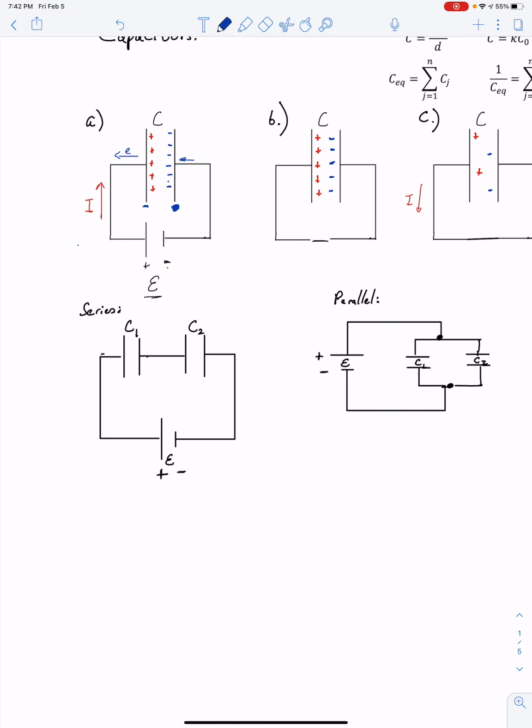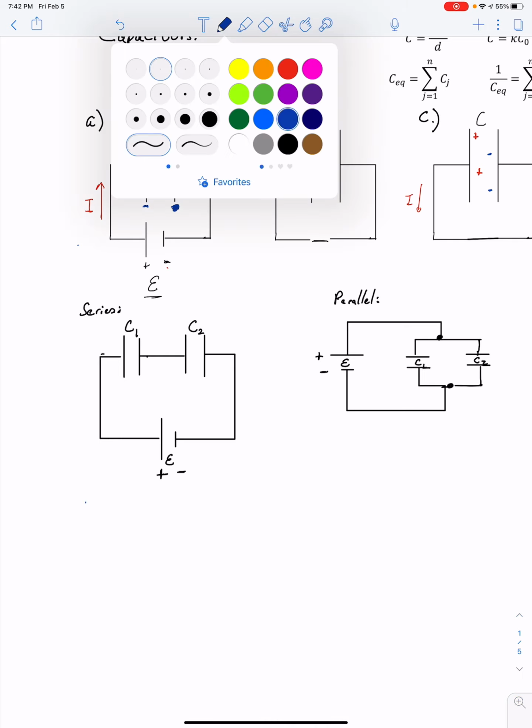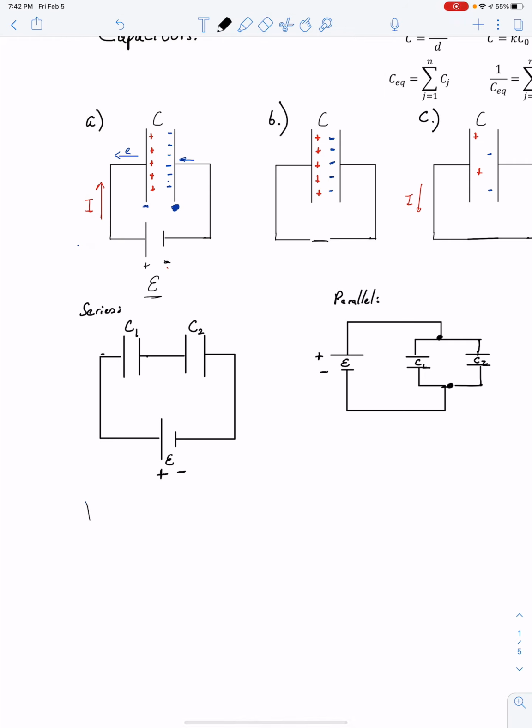The most important thing we need to know is that when it comes to a series, and we're looking at the equation that relates voltage, charge, and capacitance, the voltage is changing and the charge is staying constant, because the same amount of charge being transferred here is the same amount of negative charge being transferred to this plate.